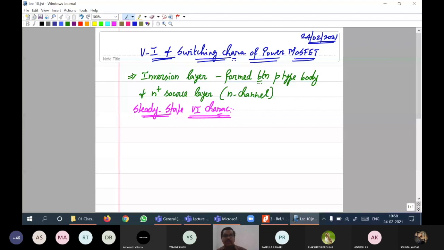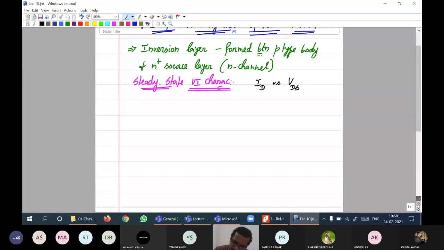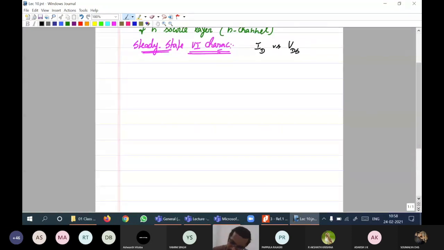This is what steady state VI characteristics is all about. It's exactly similar to a power BJT, but there will be one difference. Of course, in power BJT, there was quasi-saturation and hard saturation, and there was the active region and cutoff region as well. Whereas here we won't have those two regions. We will have the ohmic region and the cutoff region. We will see what they are. ID versus VDS.